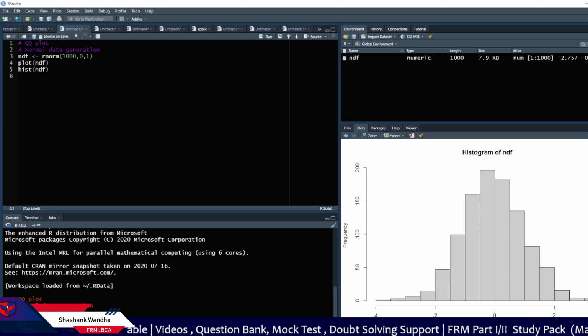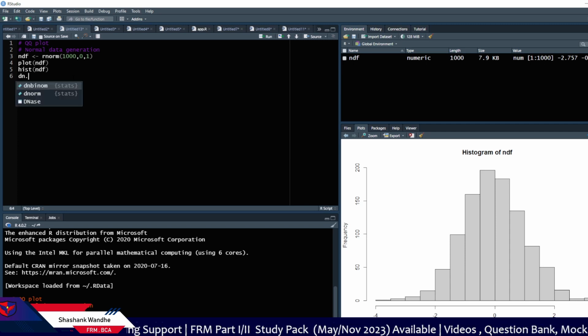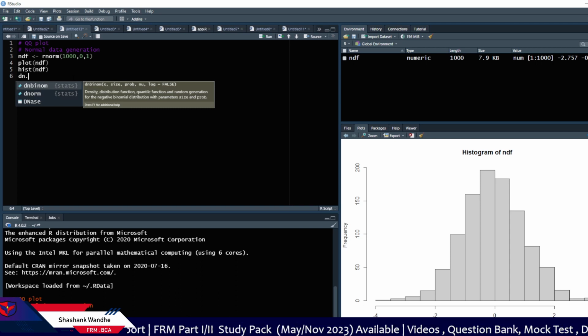To check it in a proper density distribution, we have a habit of seeing the density plot, that bell-shaped curve. So let's see how the randomly generated data looks on the density plot.